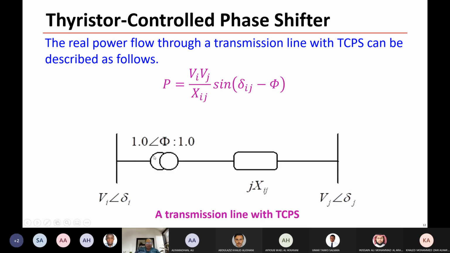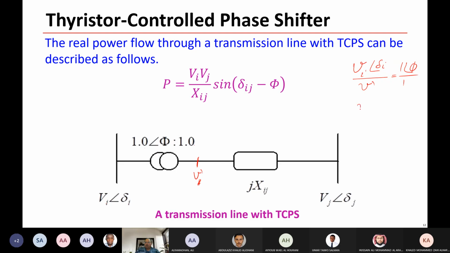Of course, you can easily derive it. The voltage here, let us call it V prime. You can say Vi with angle delta i over V prime equals the turns ratio, 1 with angle phi over 1.